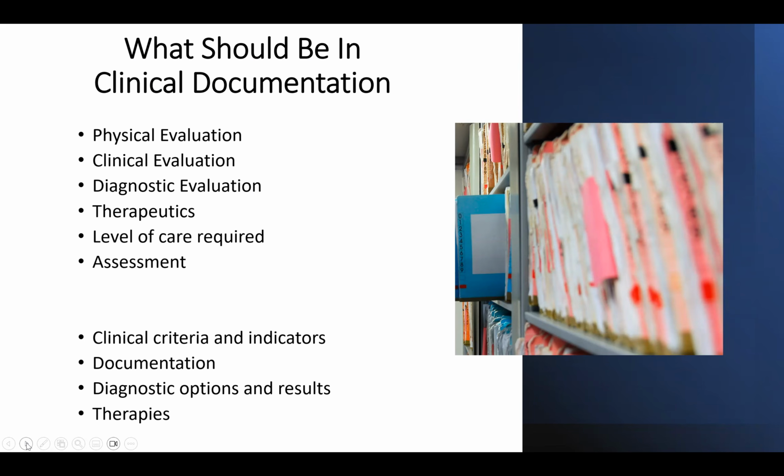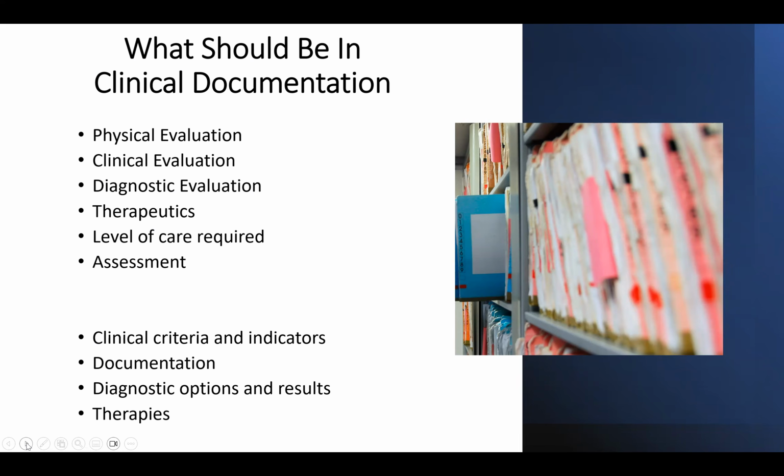Therapeutic should be all therapies, from medications to physical therapy to psychotherapy. All therapeutics should be listed accurately in the clinical documentation.